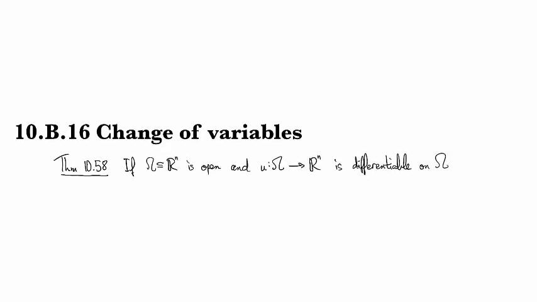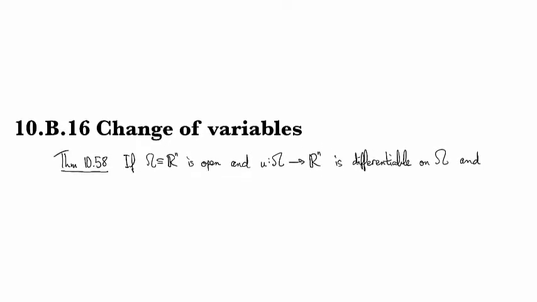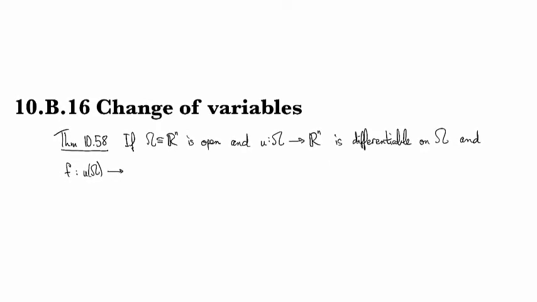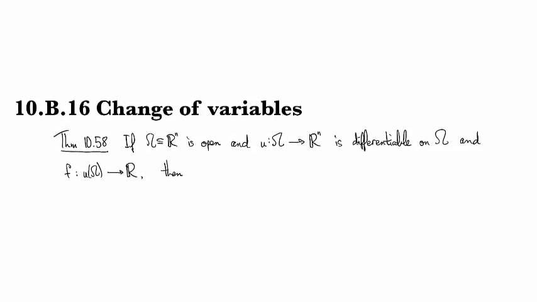So in other words, the derivative exists at every point x of omega. And then we're going to have our scalar valued function that we're integrating. So f is going to be a function on the image of omega under u. So that's the coordinate transformed one, and it's scalar valued. So its outputs are real numbers.